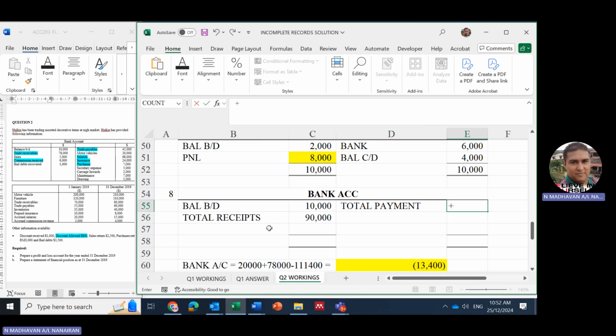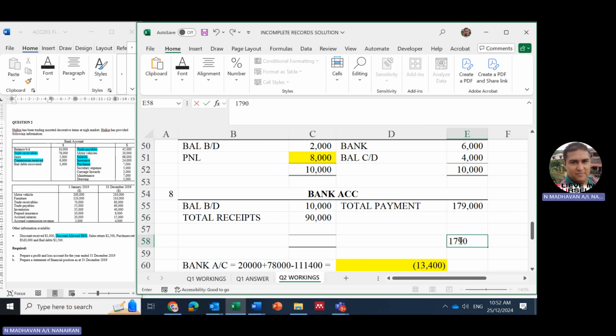Total payment? 45, 20, 68, 24, 7, 5, 2, 7, and 1.